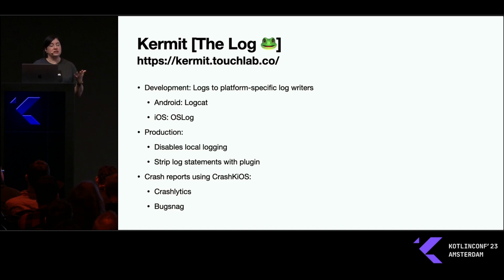But in production, you can actually disable these log statements, and you can strip them out with the use of a plugin. And it also comes directly with CrashKOS, so you will have nice crash reports as well.